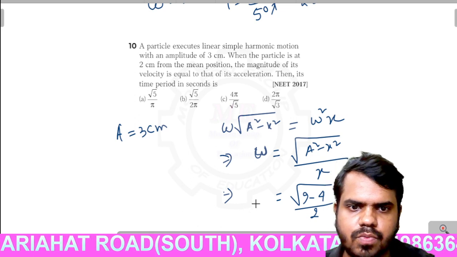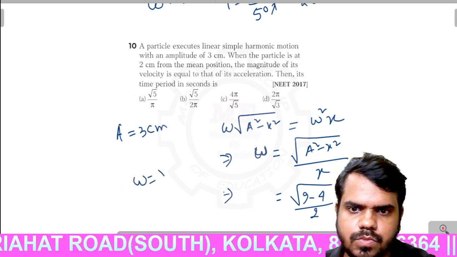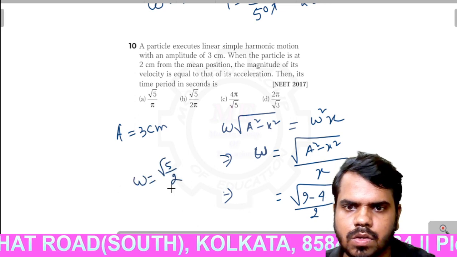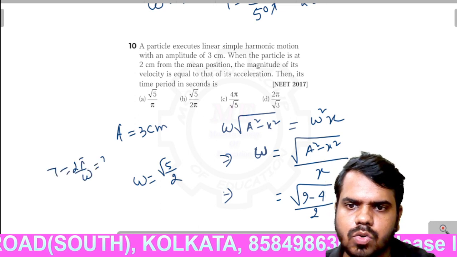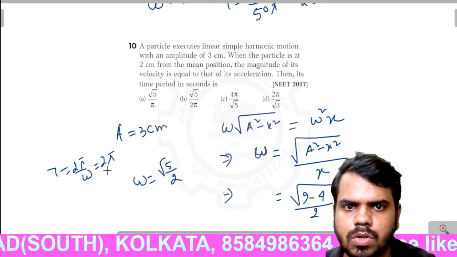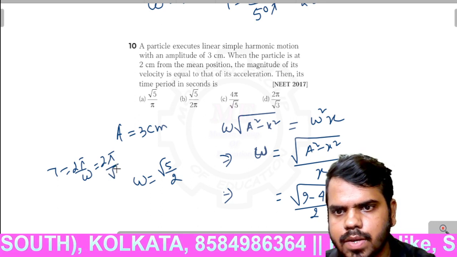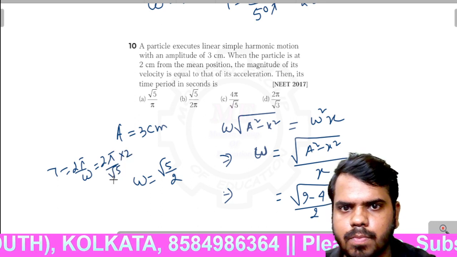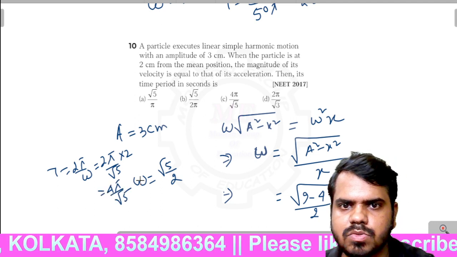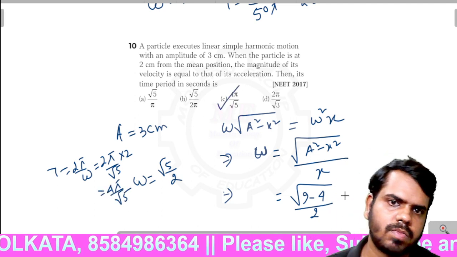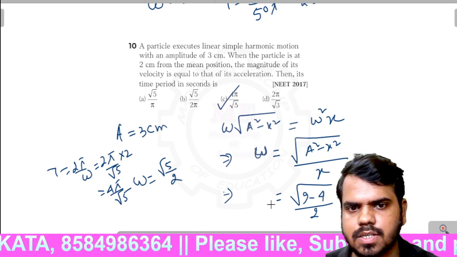So omega is root 5 by 2. Now time period will be 2 pi by omega, 2 pi by root 5 by 2, that means 4 pi by root 5. So this is the correct answer, 4 pi by root 5.